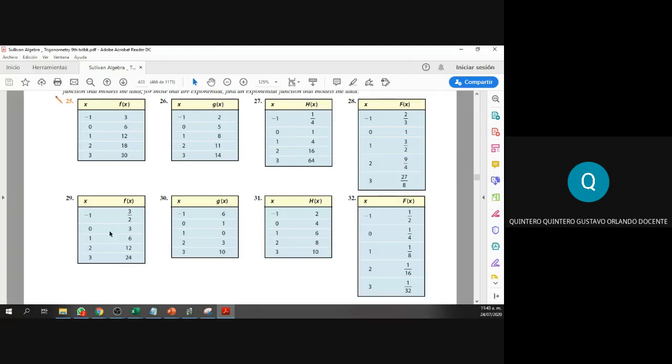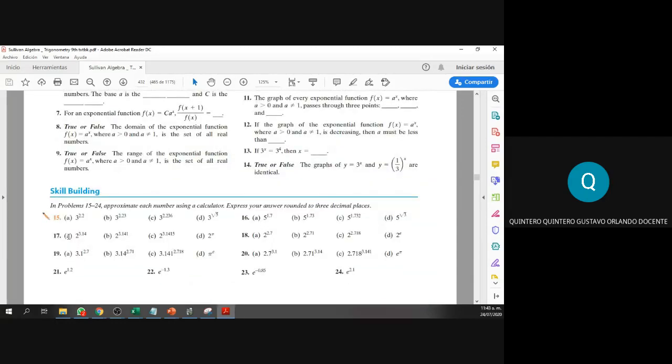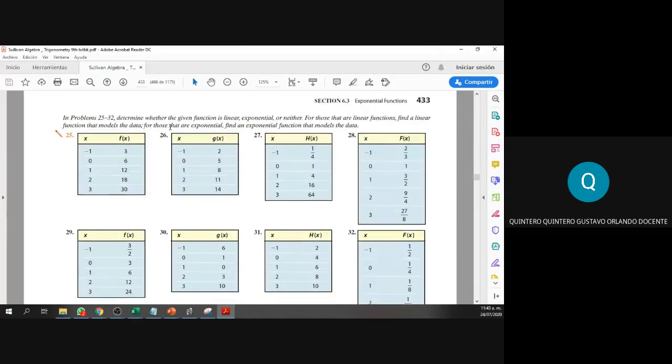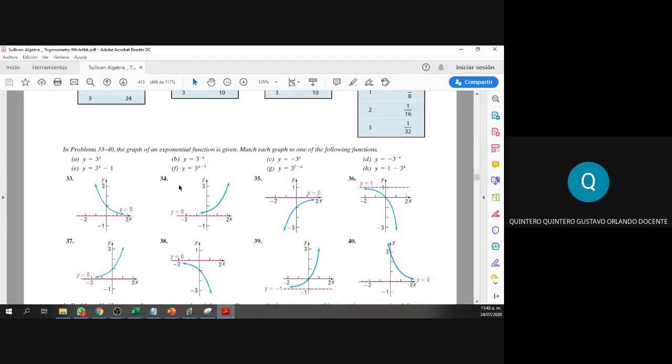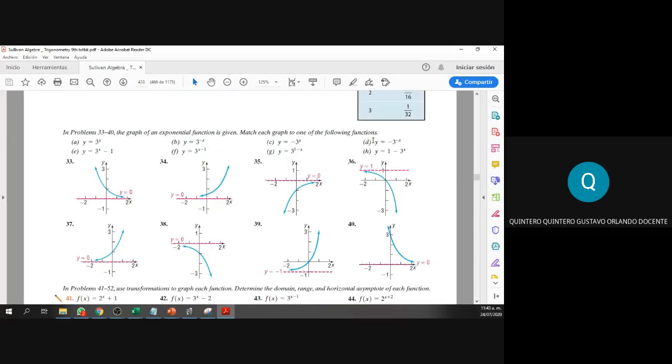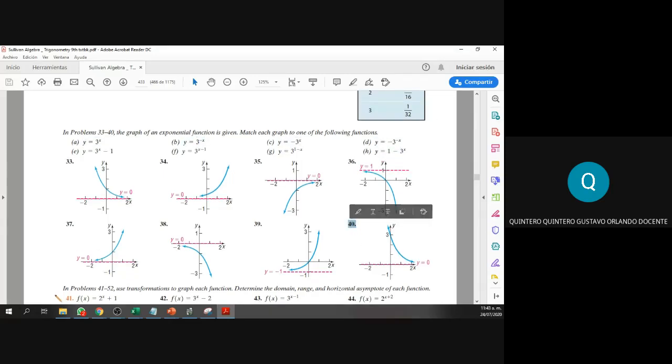So this is why I explained it today. I need you to model these. Begin with 15 to 24. And when you are done with those, jump into this, modeling. And when you are done with those, jump into this. This is just graphing in your calculator. You can just graph with this. It doesn't really matter, all the way up until 40.